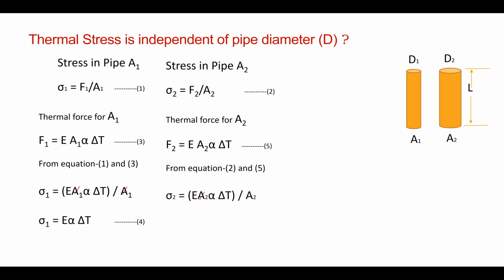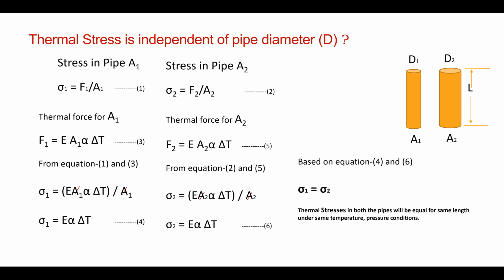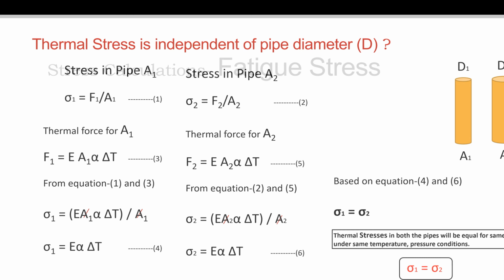A2 cancels out, and sigma 2 will be equal to E alpha delta T. Based on equations 4 and 6, sigma 1 is equal to sigma 2. It means thermal stresses in both the pipes with different diameters will be equal for the same length under the same temperature and pressure conditions. So we have proved that thermal stresses are independent of the pipe size or diameter.